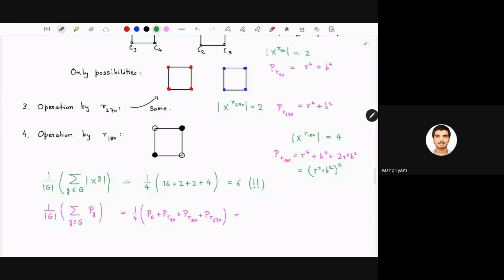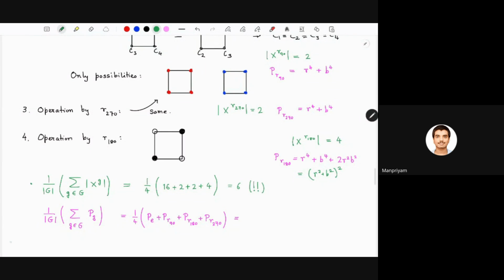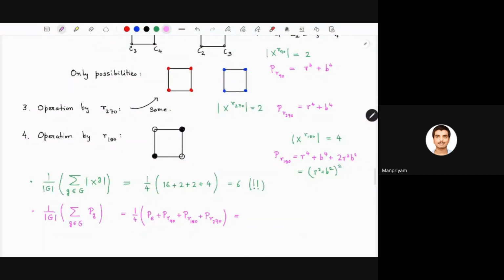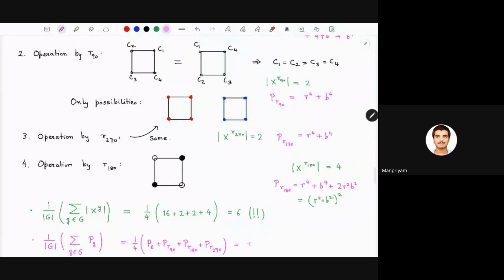And just like the miracle we had before, if you look at this new one, you have the same miracle. That is this 1 over mod G summation P of g. If you, instead of summing the cardinality, sum these polynomials, you get precisely, let's do it.